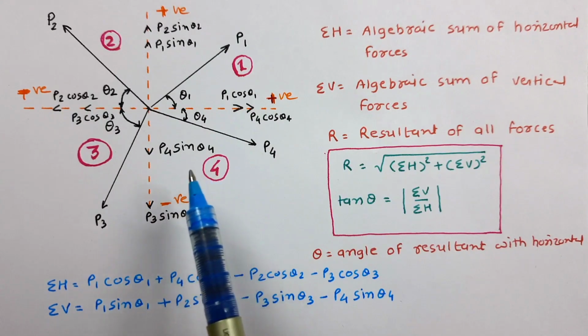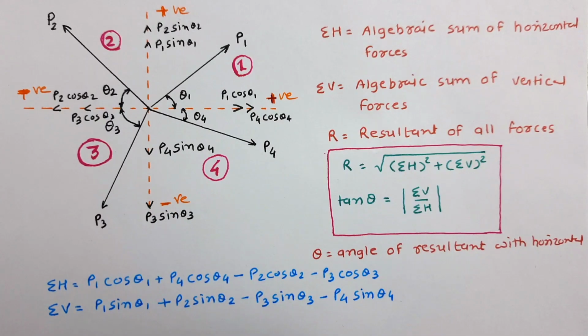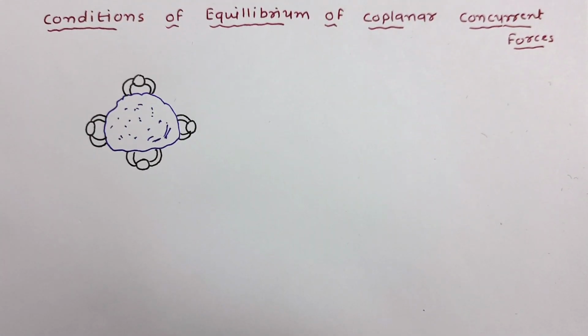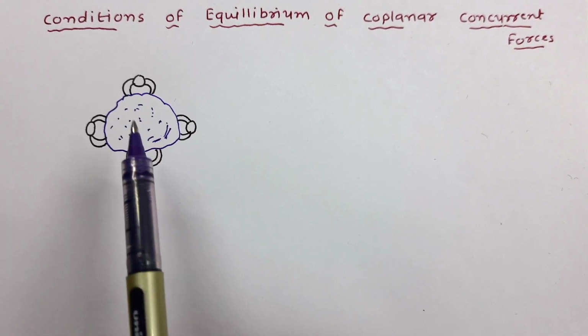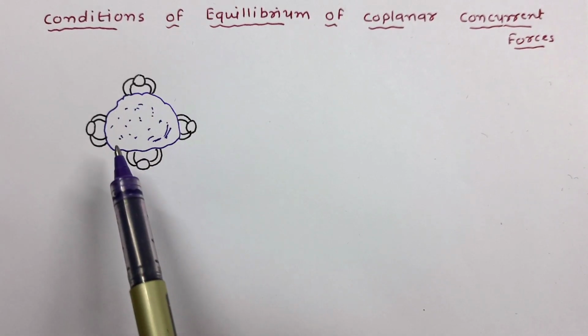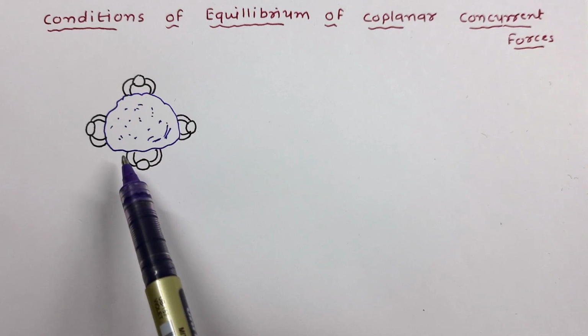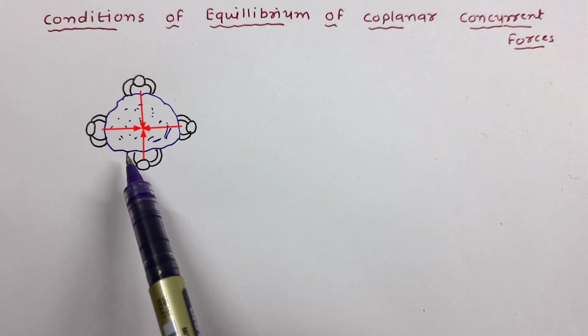Now let us see condition of equilibrium of coplanar concurrent forces. Now let us try to understand condition of equilibrium of coplanar concurrent forces. In the figure, we can see a big stone is there and four different persons are pushing this stone from different directions.